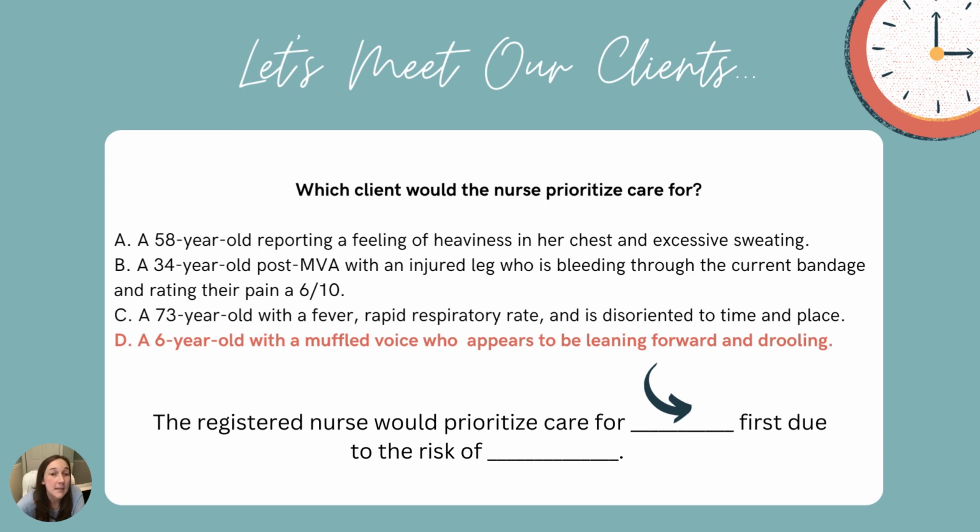Then client B, bleeding from an injury. Again, this is a circulation concern. And client C may have a type of infection. Remember that older clients with infections may have confusion. So yes, all of these clients need something, and it needs to be addressed. But client D, the child with suspected epiglottitis, needs to be seen first and is our top priority here.